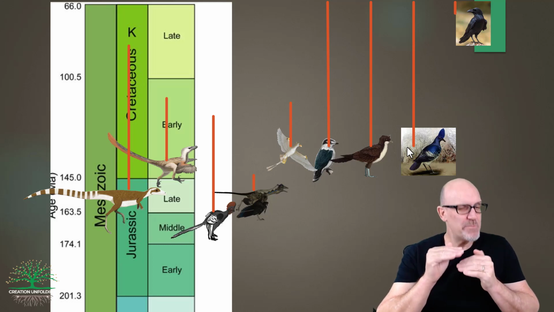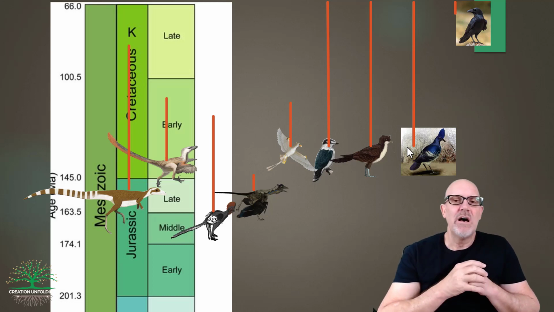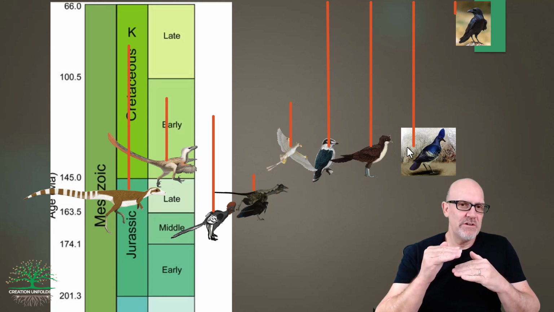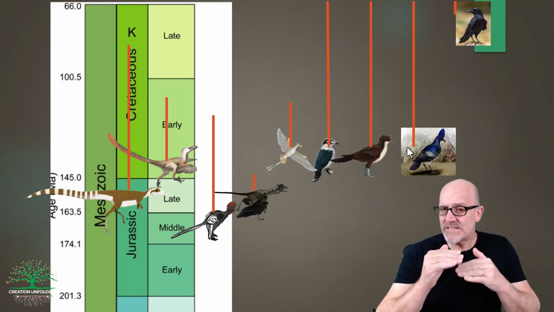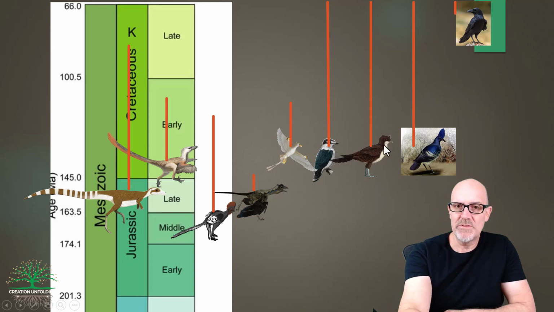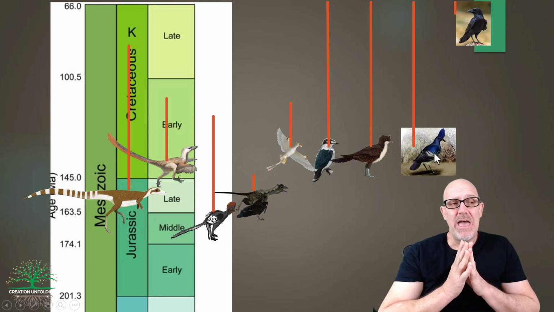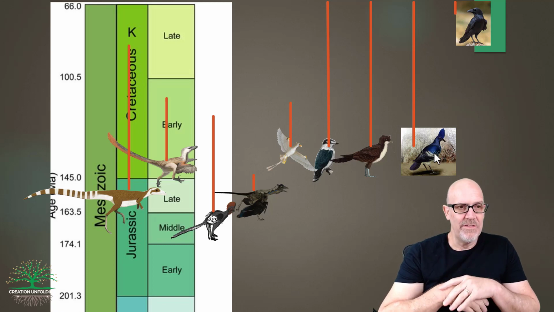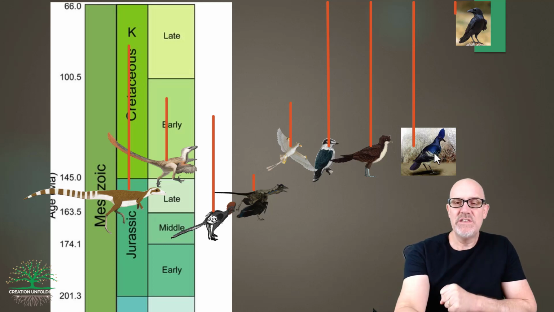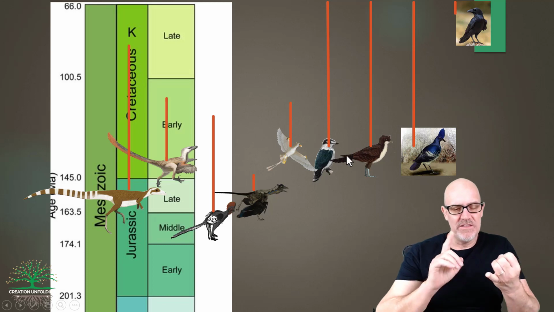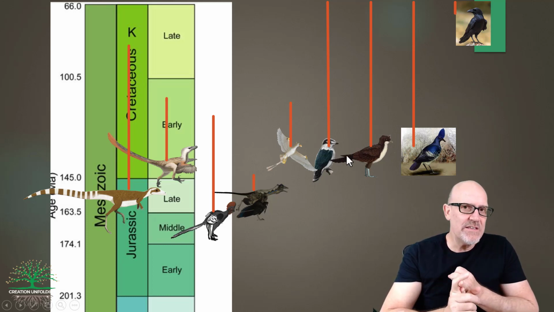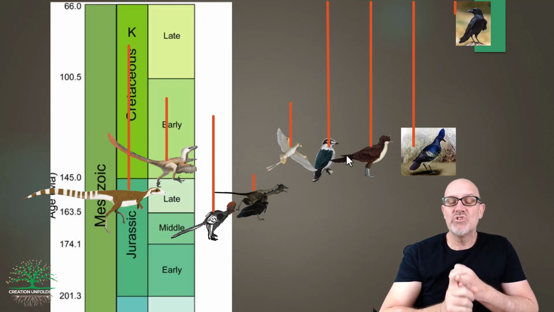Now, I think you would expect them to be a little bit higher than that, but they do sit a little bit higher. I think what is interesting, though, is that they all turn up at the same time. They all turn up at the exact same time. And one of the reasons is that a lot of these birds, these avialans, these enantiornithines, and these ornithuromorphs, they all turn up in the Yixian Formation of China, and we're going to talk about that shortly.